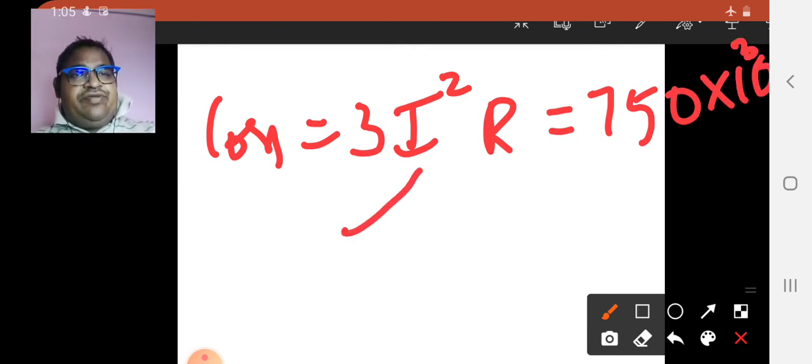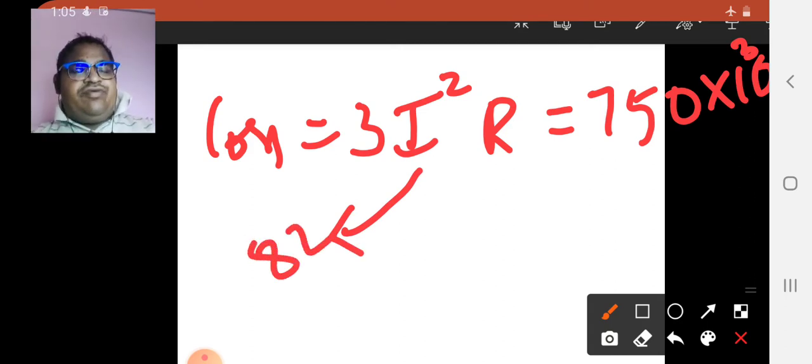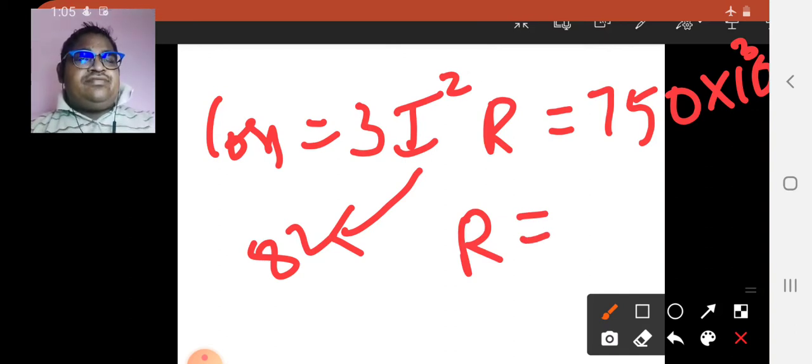Now the value of I is 82, then what is R? R is equal to 37.18 ohms.